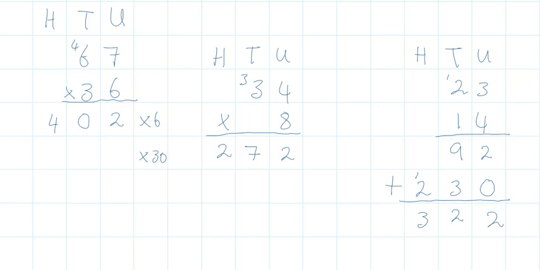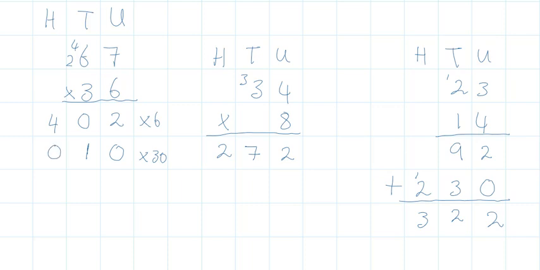Then I'm going to multiply 67 times 30, so it's crucial that I put in a 0 here, so that I know I'm multiplying by 30. So what's 30 times 70? Well, 3 sevens are 21, put down your 1, and carry your 2. And then 3 sixes are 18, and plus 2 is 20.